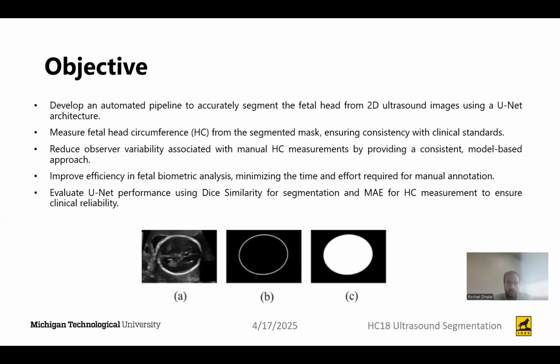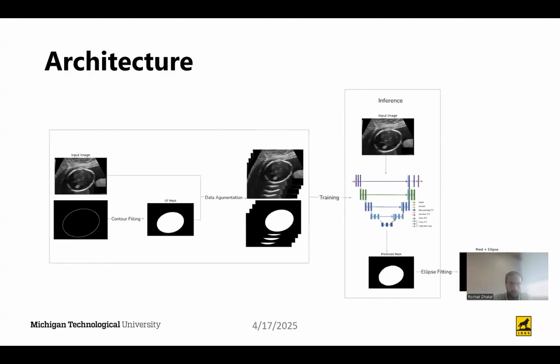Improve the efficiency in fetal biometrics, minimizing the time and effort required for manual annotations, and evaluate the UNET model using the dice score for the segmentation and use MAE for the head circumference to ensure that this has clinical reliability. You can see that there is the input image, its annotations, and the annotation filled with the mask, sorry, the contour fillings.